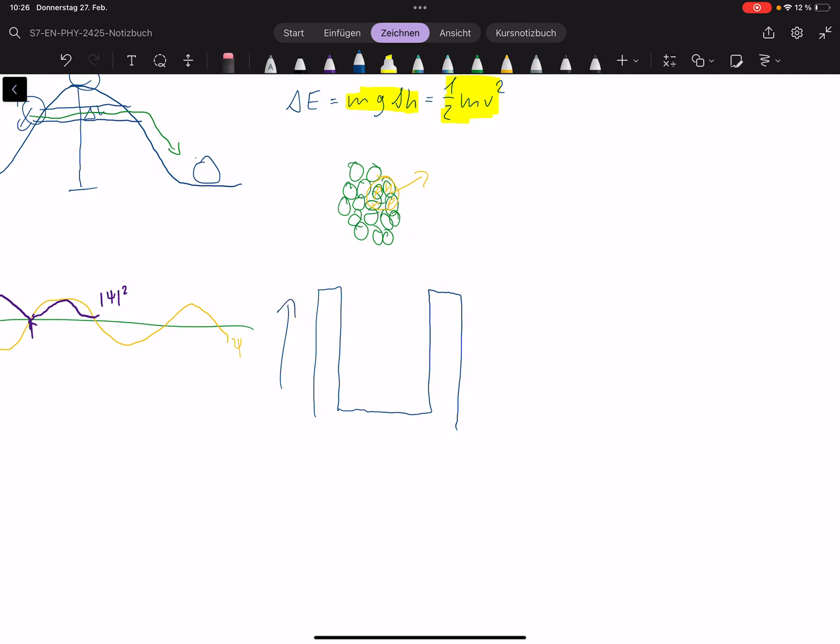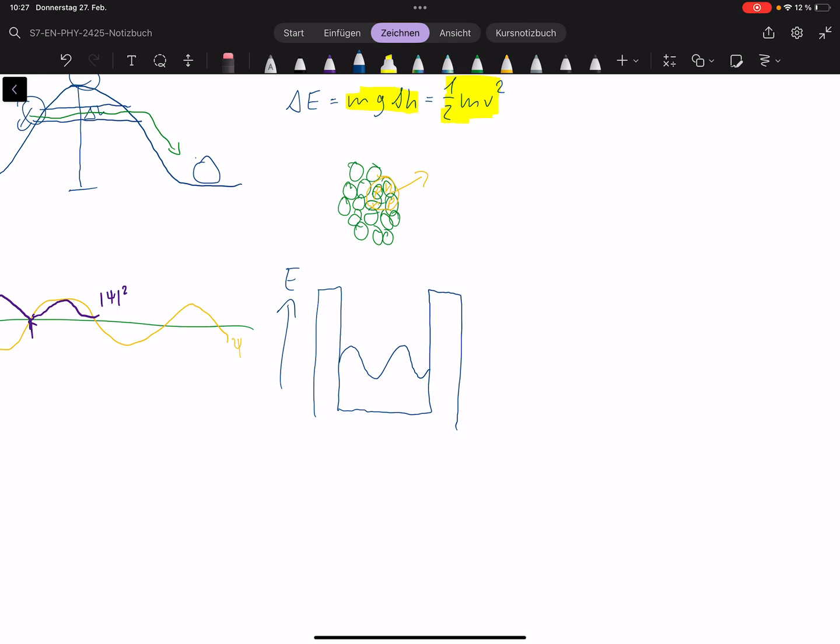So here is the energy, and the barrier energy is higher than the energy of the wave, or the object, that is inside, between these barriers.